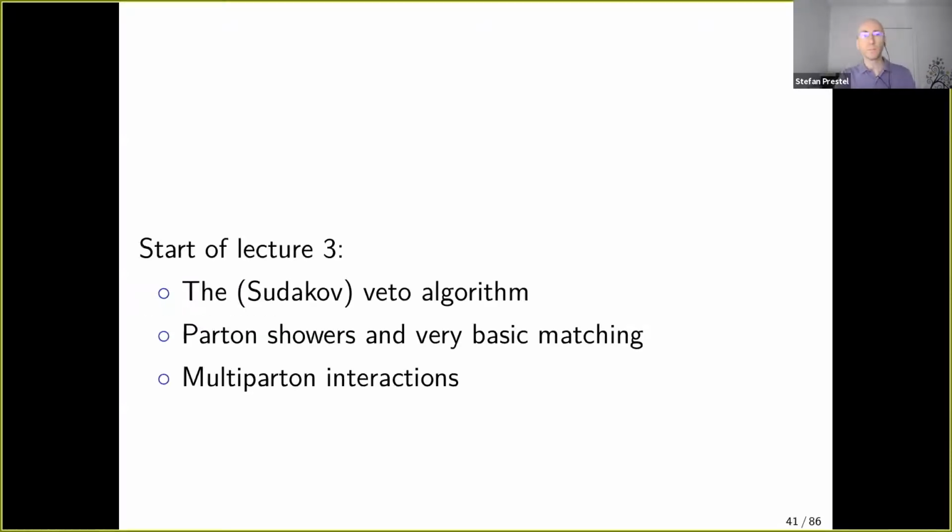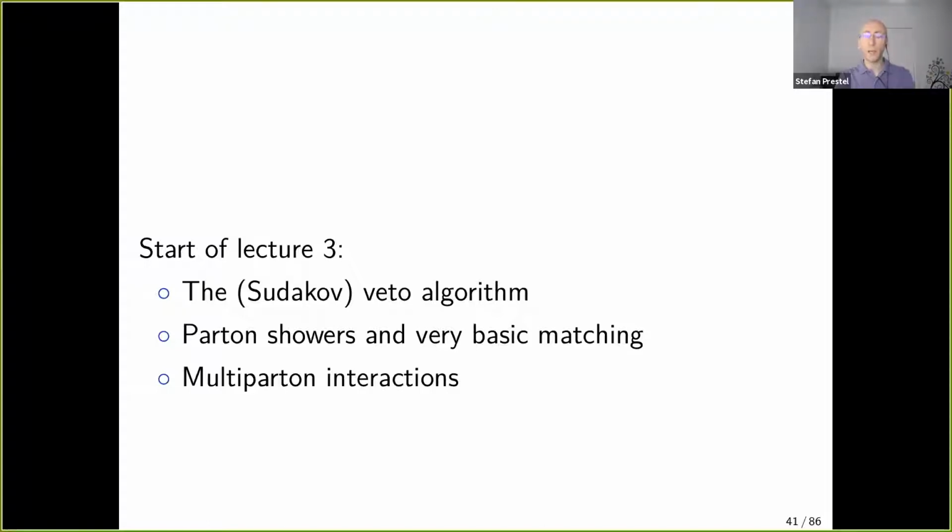Today, we'll move on to filling in more and more details into the events. The first lecture today will be about another numerical method, the Sudakov veto algorithm, and why this is useful for generation of multi-parton states. Then parton showers and a very basic idea of how to combine those with the cross-section calculations for the hard scattering that we saw yesterday.